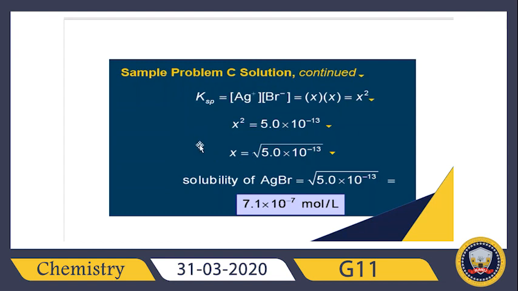And since at equilibrium the solubility of the solid is equal to the concentration of the ions that will be released from this solid, then the solubility will be equal to 7.1 times 10 to negative 7 mole per liter. So guys, I wish that these examples are clear for you.